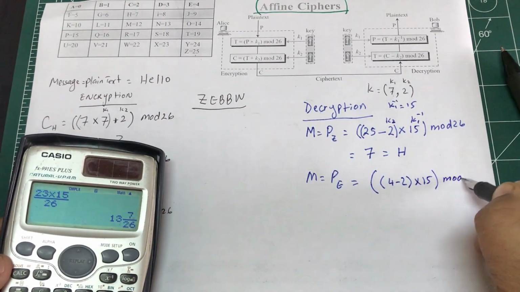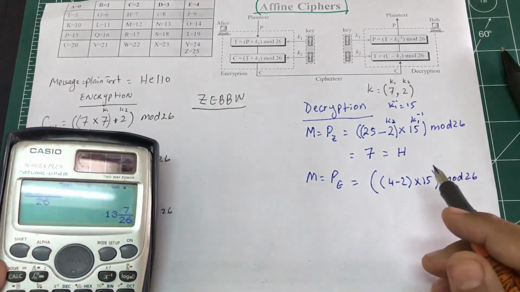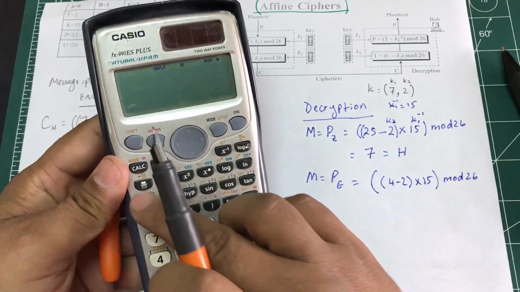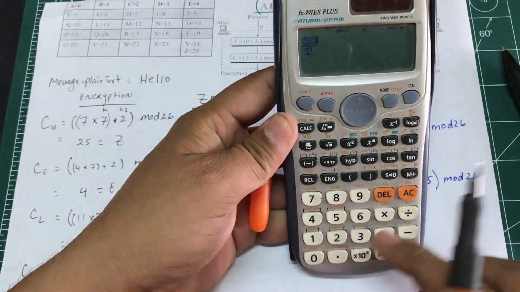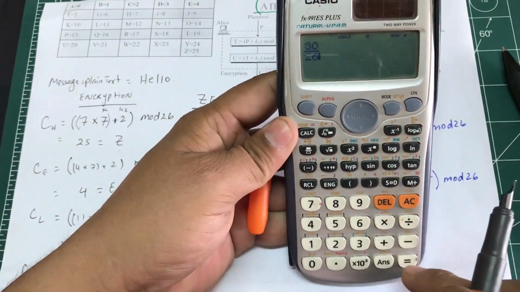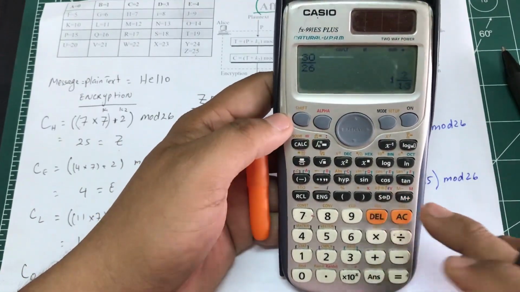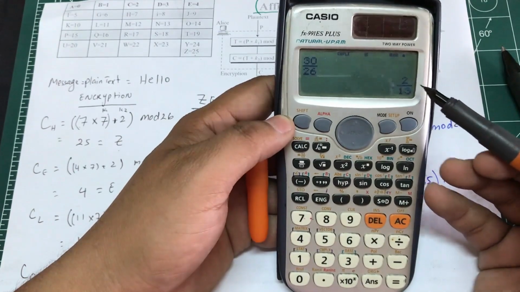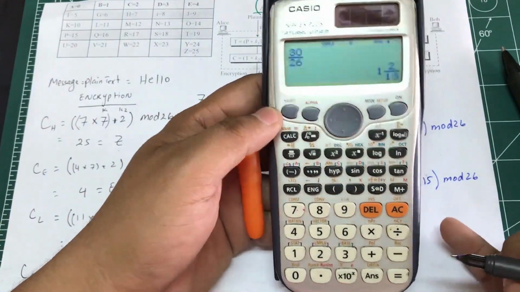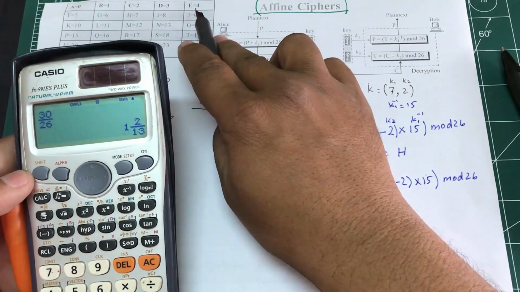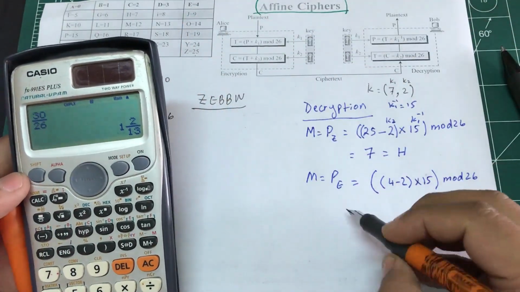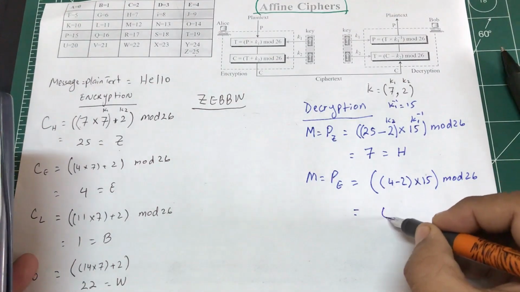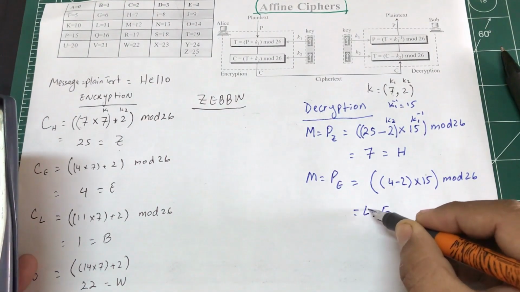So mod 26. 4 minus 2 is 2. 2 multiplied by 15 is 30. 30 mod 26 is 4. So I'll get E, which is actually 4.